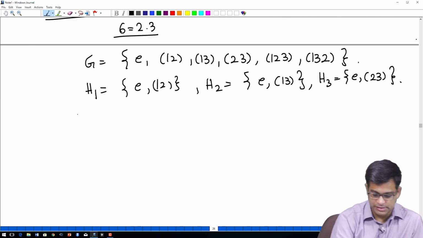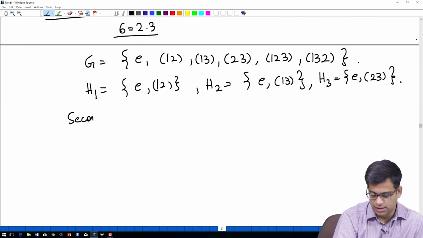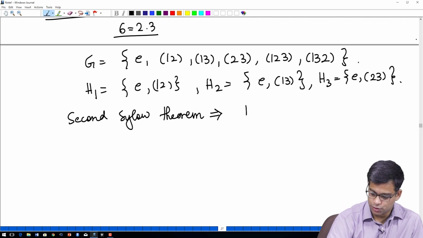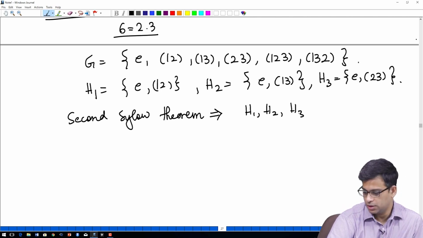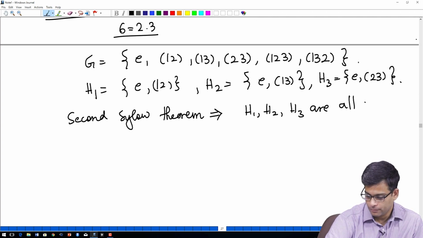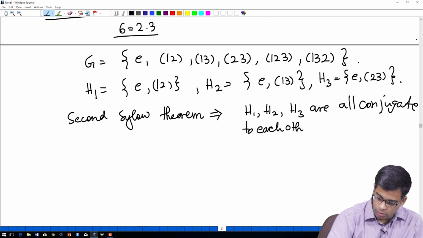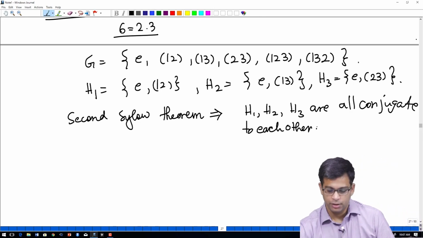So, now the second Sylow theorem says that H1, H2, H3 are all conjugate to each other. Okay.